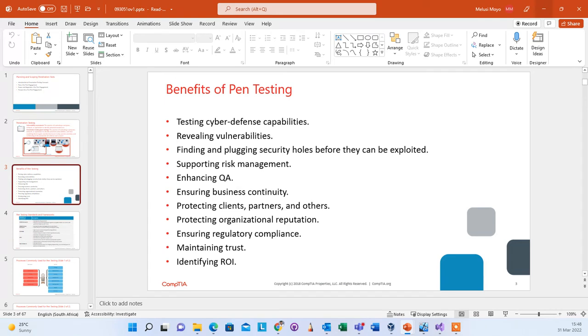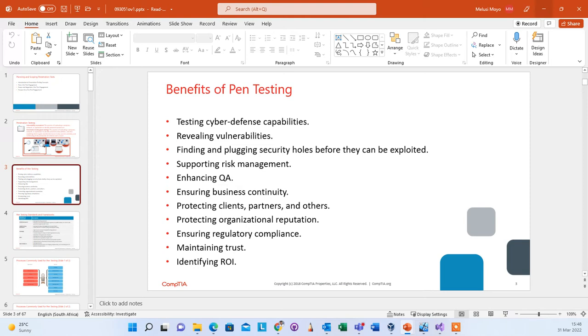If the malicious hacker starts to try to expose that information, then in future you lose clients because of brand reputation damage and stuff like that. So we have to make sure that we protect our client information, and then our partners' information, and there's a lot, right? So pen testing comes with a lot of benefits.